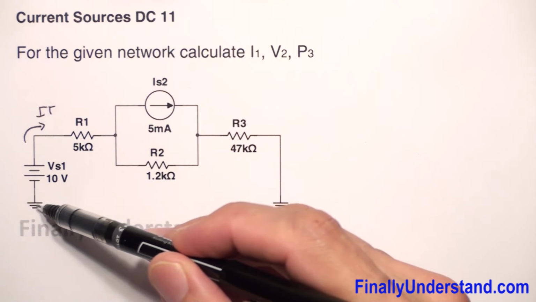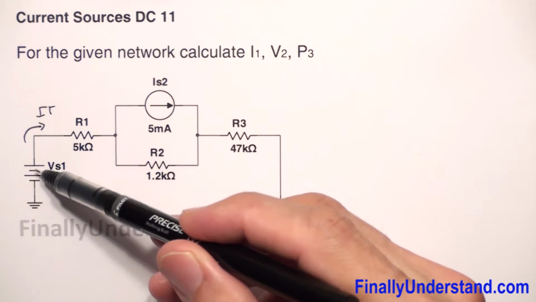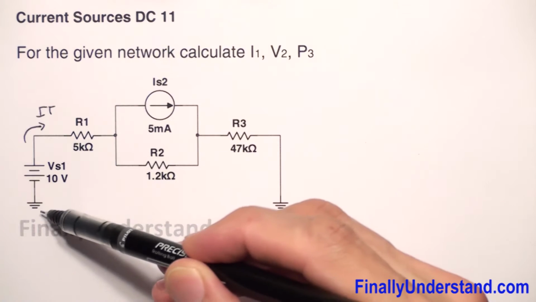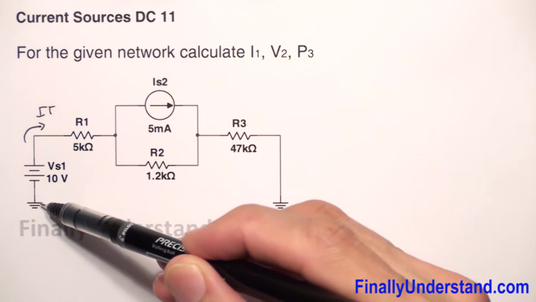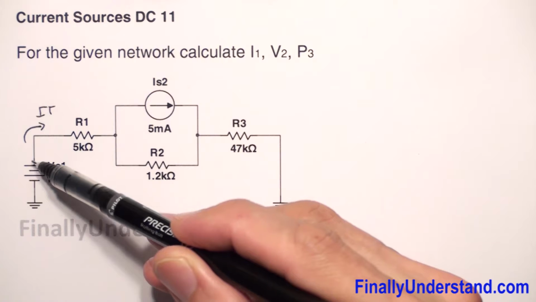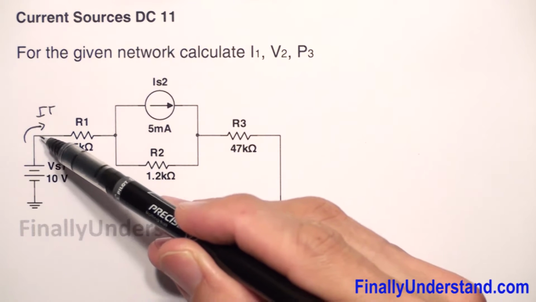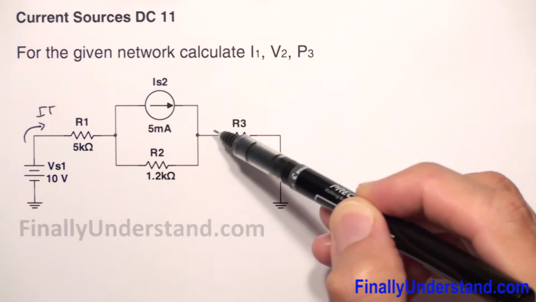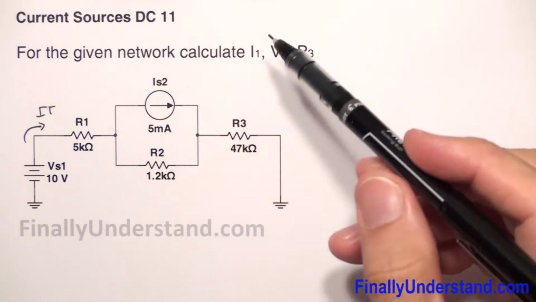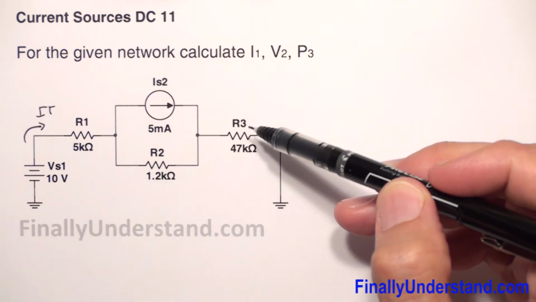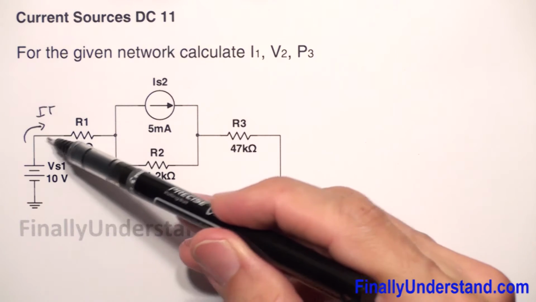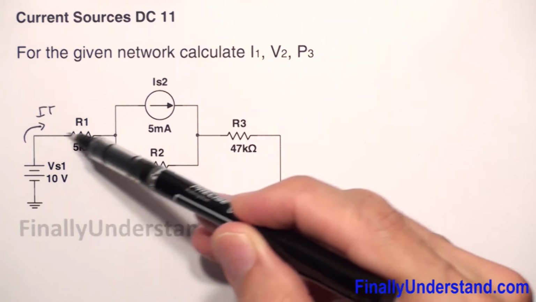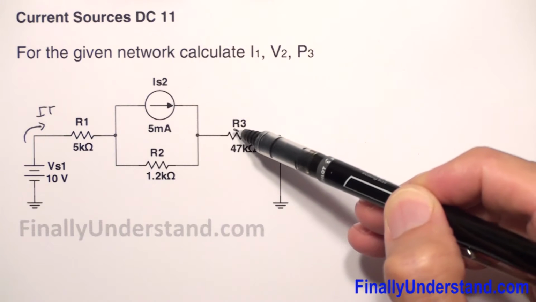Because this is the branch which is connected directly to the ground over here. So the current is going to go over here, and over here. So total current I can measure at this point, in this branch or this branch.